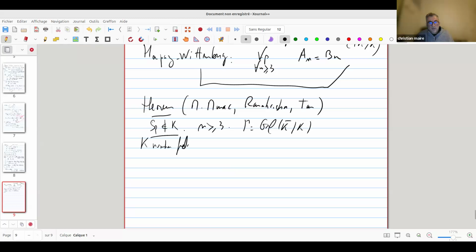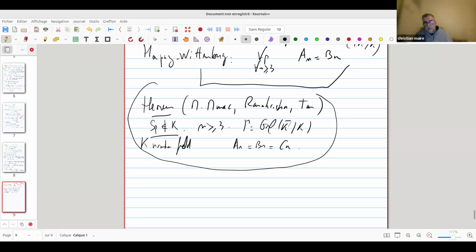In fact, we can also take gamma to be a Galois group where there is only tame ramification, but I prefer to simplify. So we prove that in this situation we have A_n equals B_n equals C_n. So we prove the strong vanishing property.